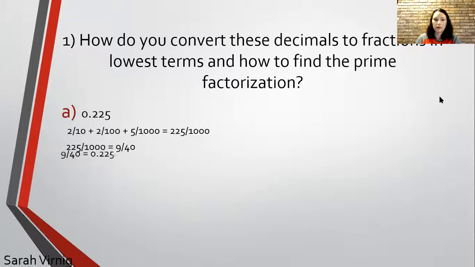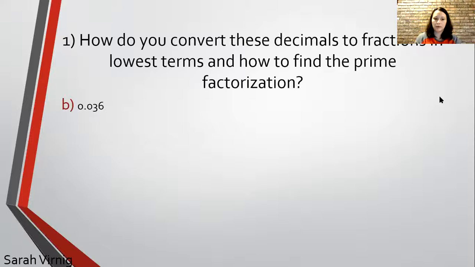Okay, so here we go. We want to check our work. We want to make sure that 9 over 40 is the same as our fraction. If we divide 9 by 40, we get 0.225, and our greatest common divisor is 25, so that problem is done.